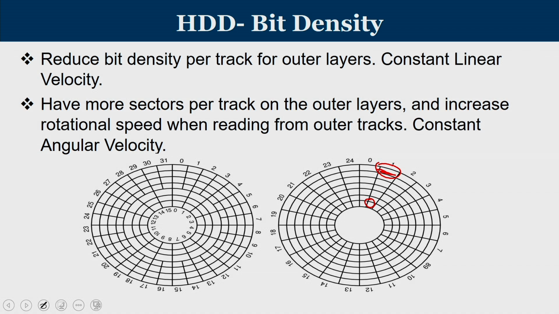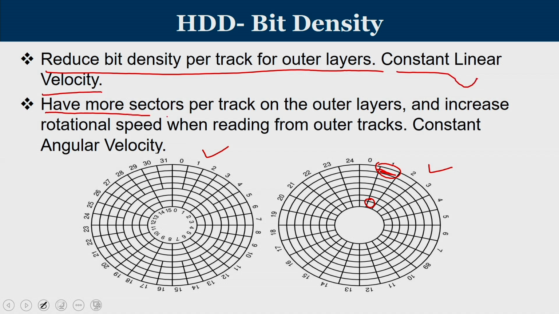I can have two designs: one shown on the left side, where when we go to the outer tracks we can have more sectors, whereas in the right side design, both in the inner track and in the outer track, the number of sectors per track is the same. So, we can reduce bit density per track for outer layers, that is one way, called constant linear velocity, or we can have more sectors per track on the outer layers.